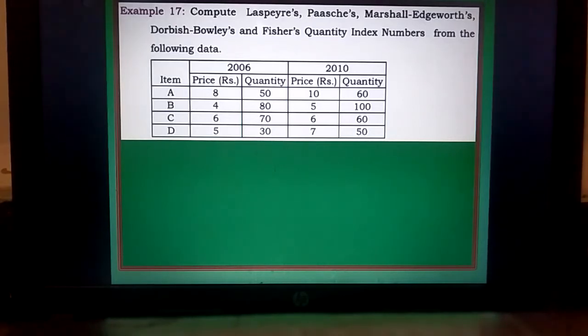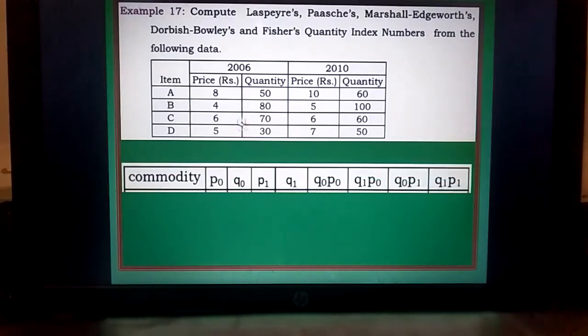So here once we are calculating quantity index numbers, it is based on quantity relatives and based on the weight applied. So in order to calculate quantity index numbers, which are the calculations required, let us have the captions. As we have decided already, these two are P naught and Q naught, so P naught, Q naught has been written. These two are P1 and Q1, so that P1, Q1 has been written.